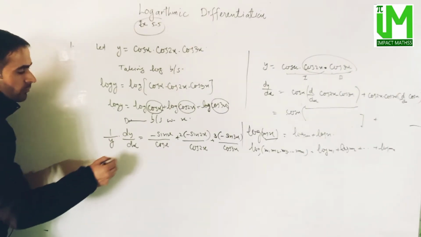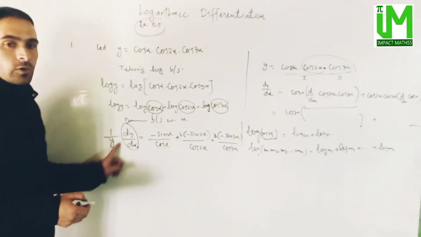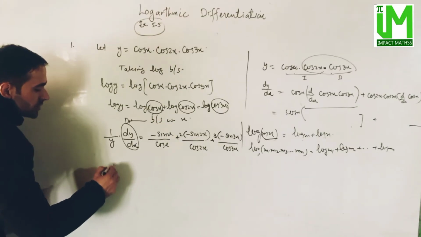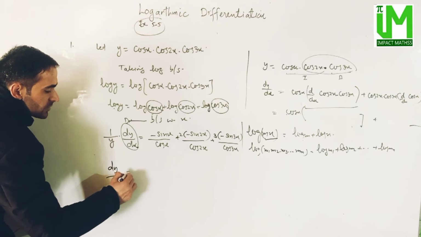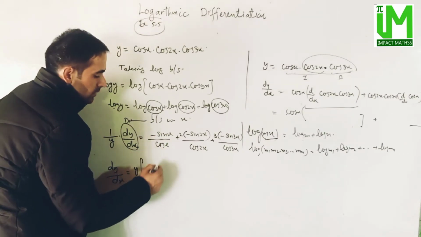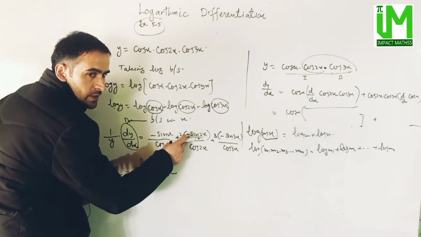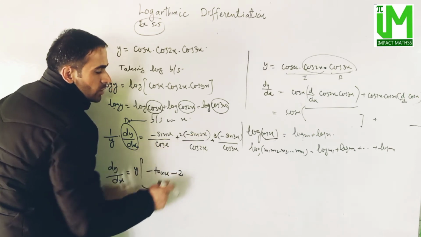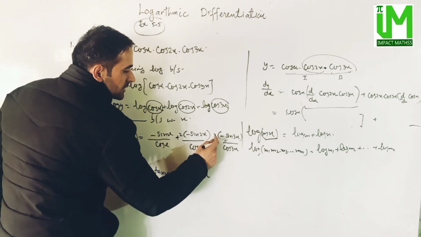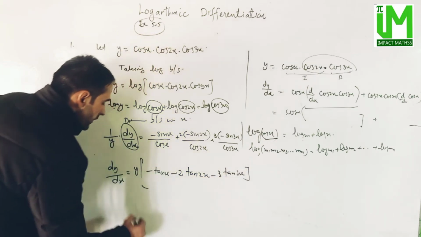Okay. But we have to compute dy by dx. So y will be transposed to the right hand side. So it will be dy by dx is equal to y times minus sin x divided by cos x, minus tan of x, minus twice sin 2x divided by cos 2x, so it will be again tan of 2x, again minus 3 times tan of 3x, which is equal to y.